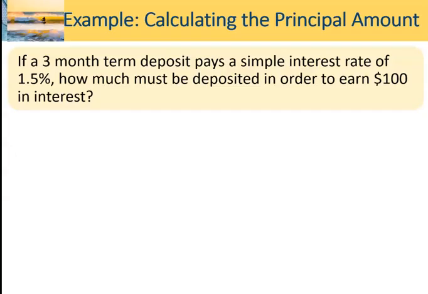And remember, for the term, we want it in years. If it's only a 3-month term, change that over to what it represents as a year. Pause your video, give this calculation a try.